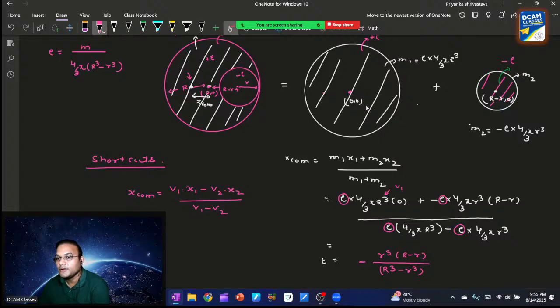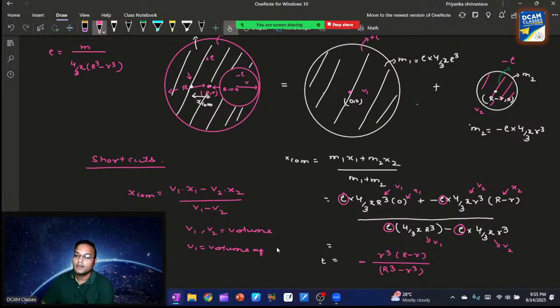This is the volume V1 of this body, and this is the volume V2 of the second body. X1 is the center of mass of the original one, and X2 is the center of mass of the second one, where V1 is the volume of the whole body and V2 is the volume of the cavity.